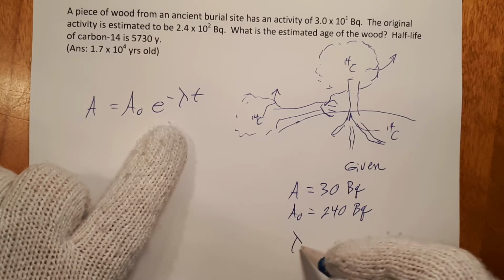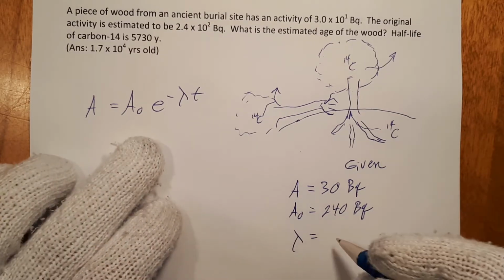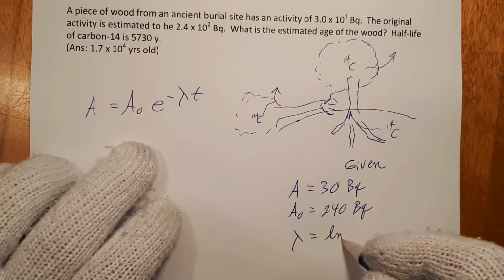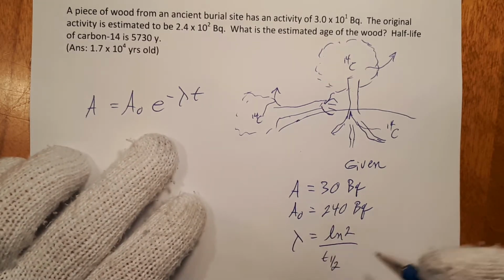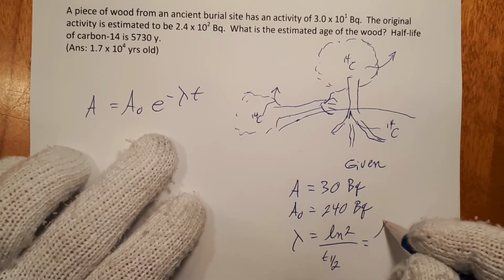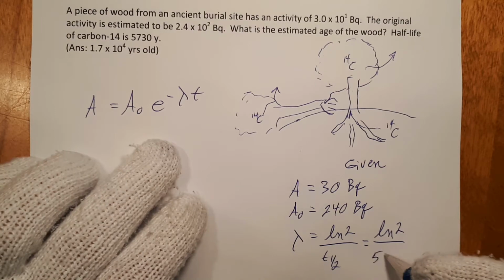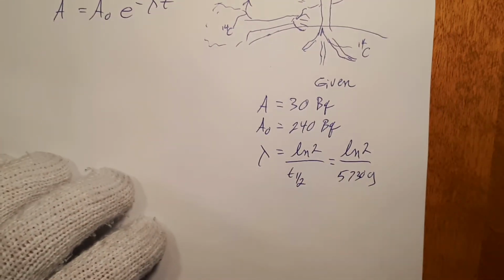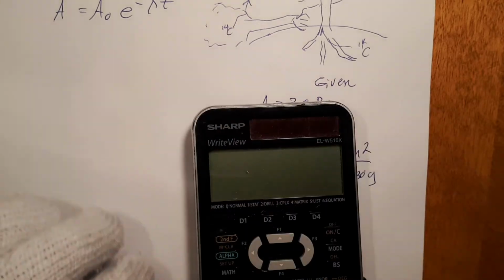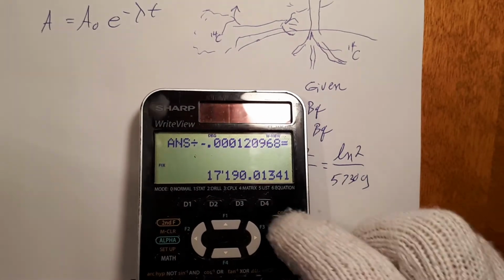Lambda can be determined by ln of 2 divided by the half-life. And that's equal to ln of 2 divided by 5730 years. Let's have a look at that. Do that calculation on our calculator.